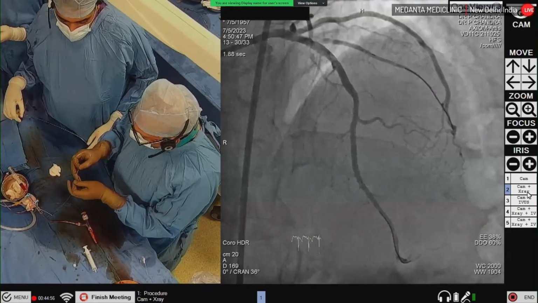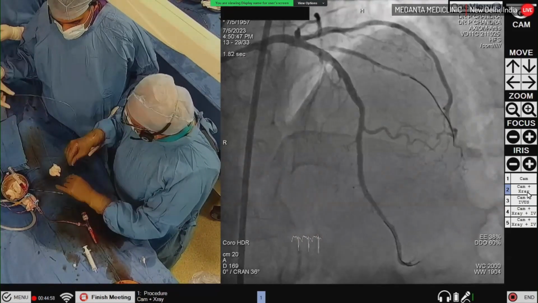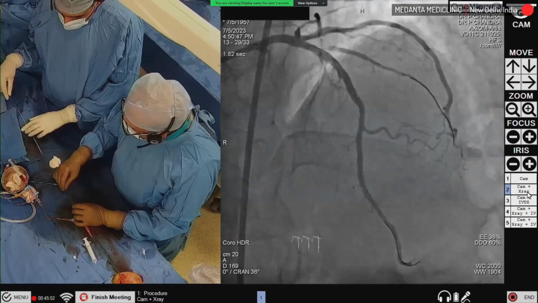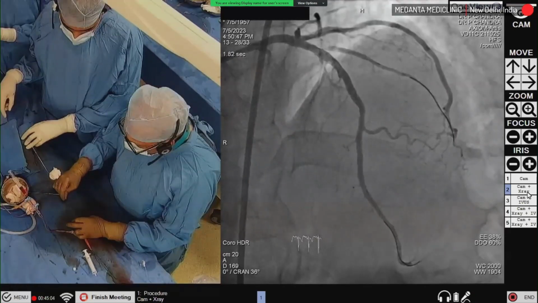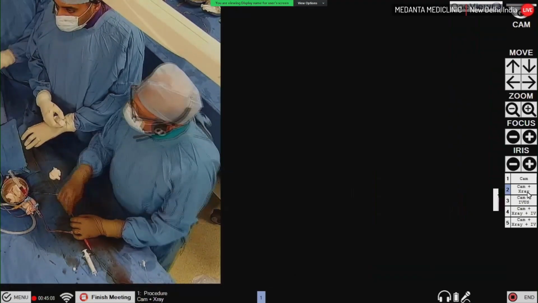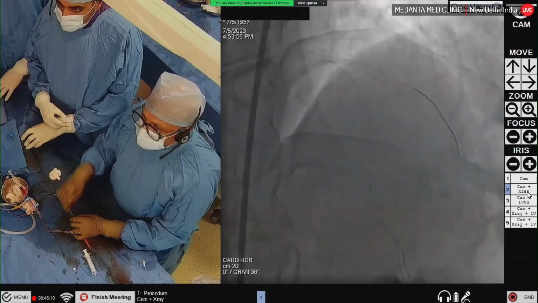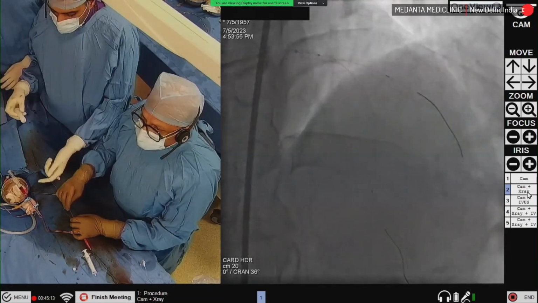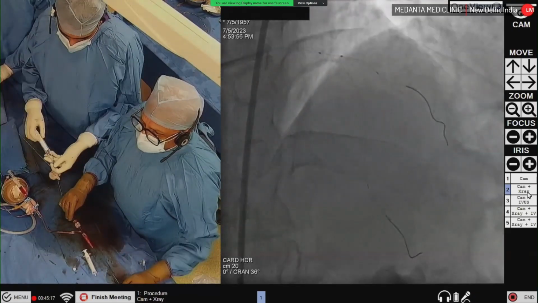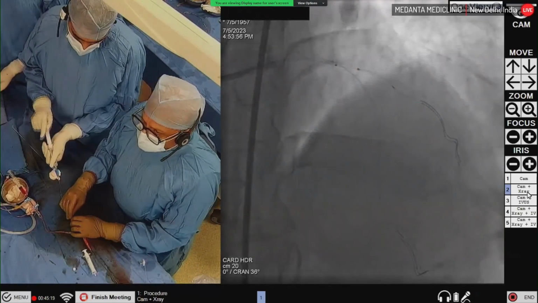So you don't have to prepare the balloon until it reaches the lesion site, because sometimes these folds open up. Let the balloon go slowly inside. Now you can see how easily the balloon went inside without any issues.